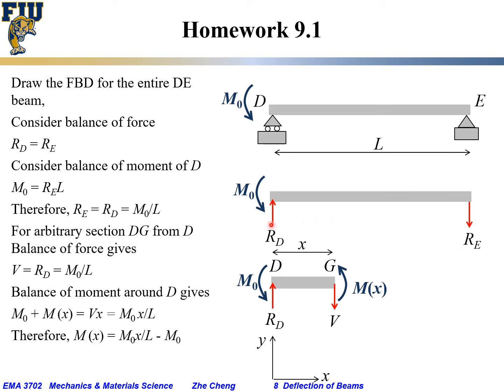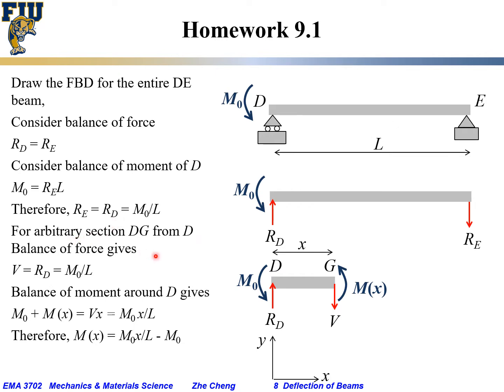Okay, because we draw RD pointing upward, and naturally we also draw RE pointing downward. So this is our balance of force and balance of moment. And from the balance of moment, we have the reaction force at E, RE, equals M0 divided by the length of the beam L, and it's the same magnitude for RD.